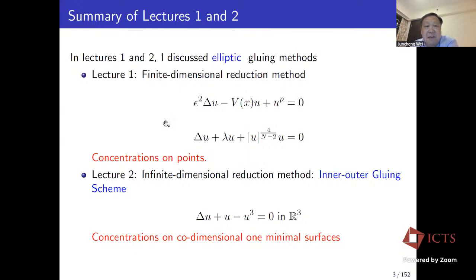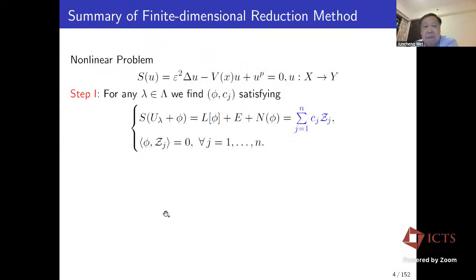In the first lecture, we discussed the Schrodinger equation about concentration on points. In the second lecture, we discussed the inner-outer Green for the unifying equation, which is a concentration on minimal surfaces.